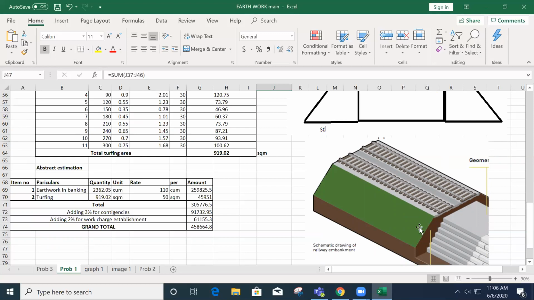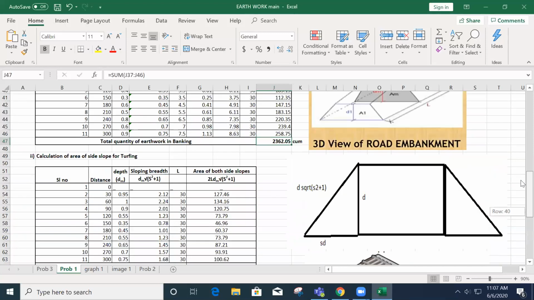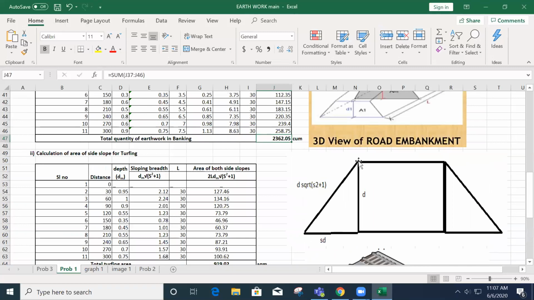First, let us see what is the length of this. We know that this is in the form of a right angled triangle. This is D and this side is SD. So this face will be square root of SD square plus D square. In both, D is common. If we take D outside, the remaining will be square root of S square plus 1.